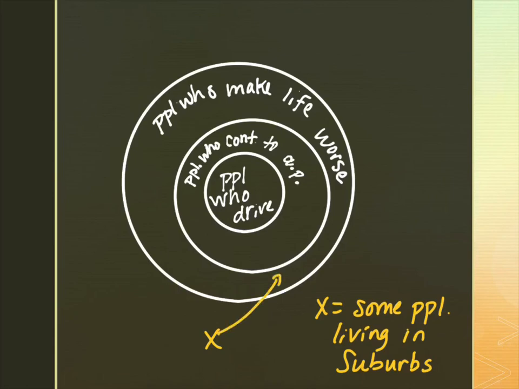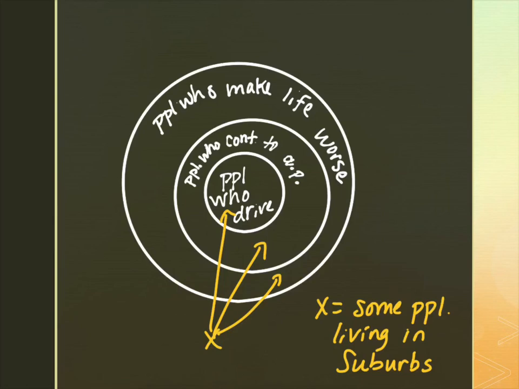So X could be in here, or in here, or in here. You could actually write the X in all those locations if you wish, but it has to be somewhere in one of those three, or maybe in multiple ones of those three. Maybe X actually is in the makes life a little worse, because there's some of them that make life a little worse for some other reason, and some of them are in the drive circle too. We don't know. But it has to go in one of those locations by the description we've been given, though we don't know which one for sure.